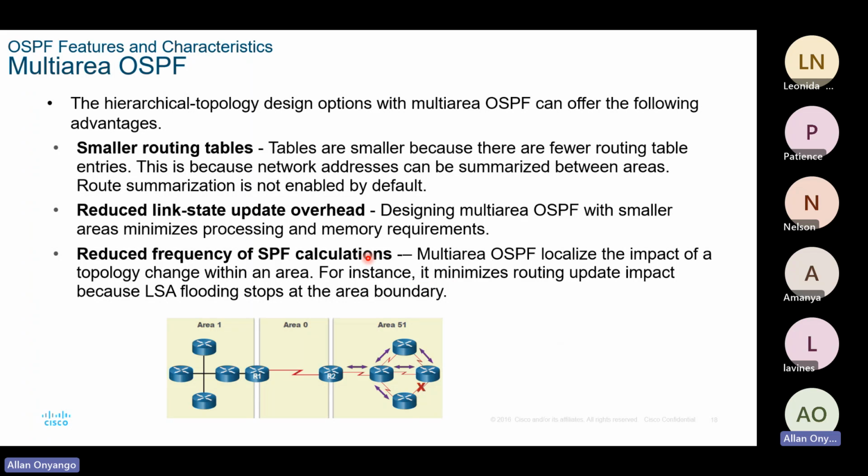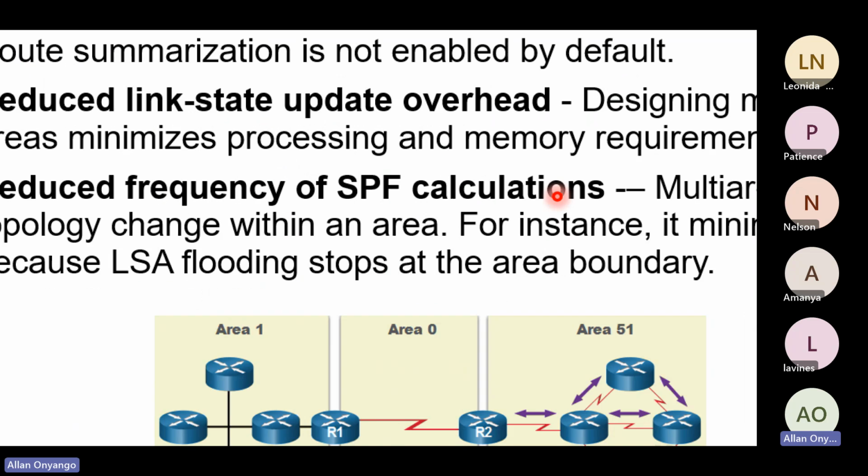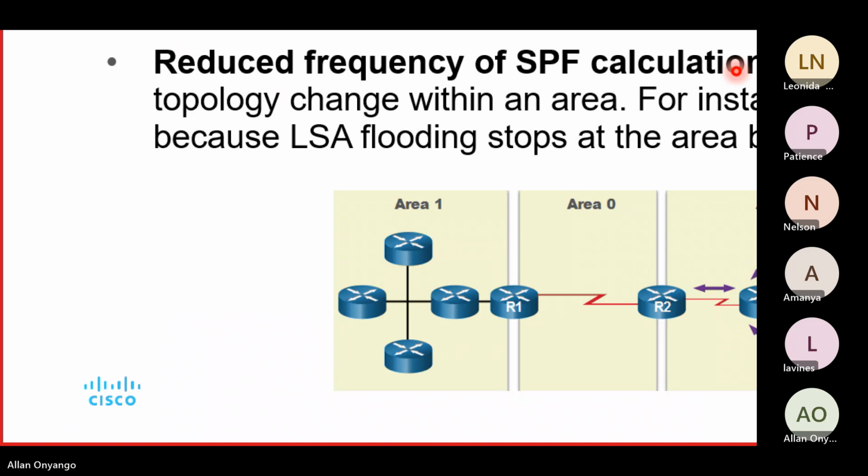It's a concept. Now, you realize that when you have routers connected to each other, well, let me use this example here. Let's say we only have these 5 routers, and all of them are in one area.